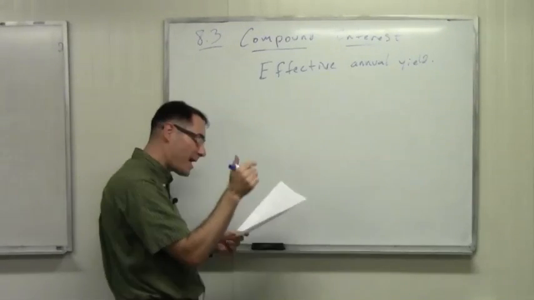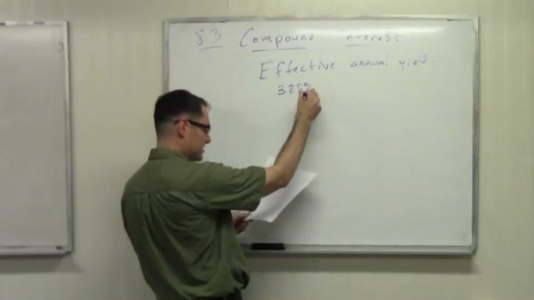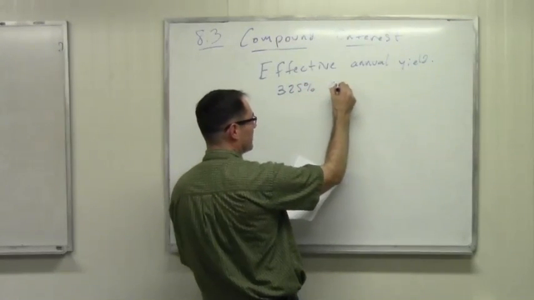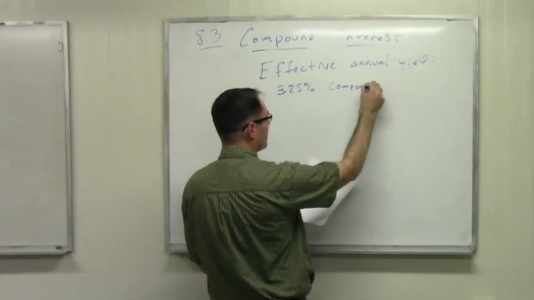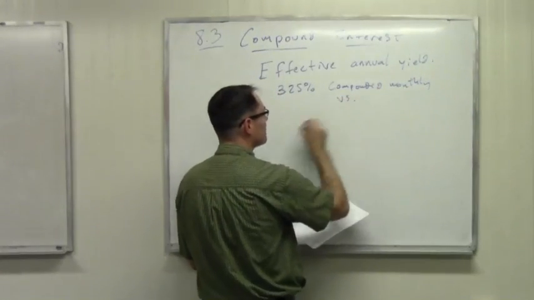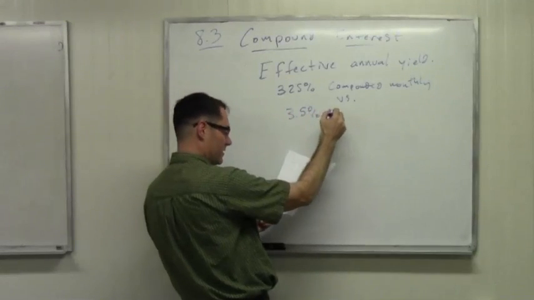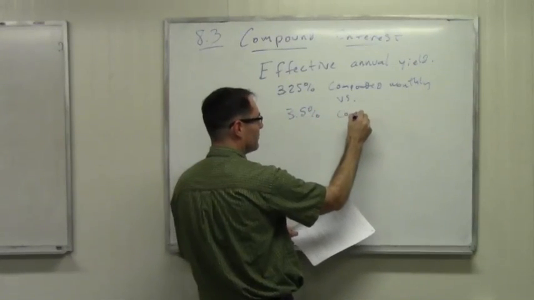So you can compare things. So you can say, let's say 3.25% compounded monthly versus 3.5% compounded annually.